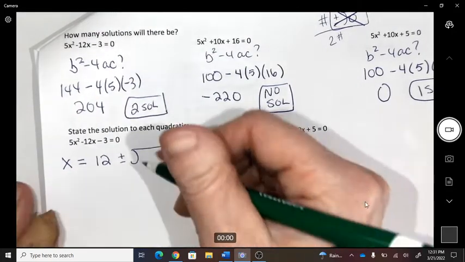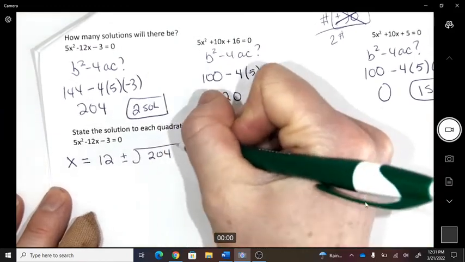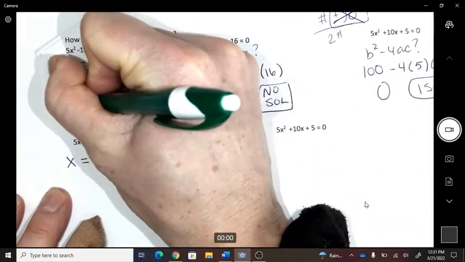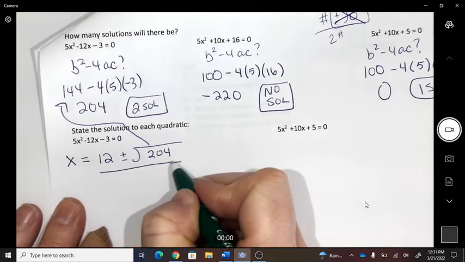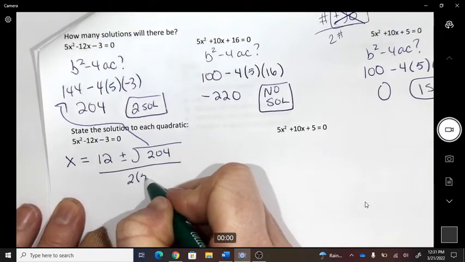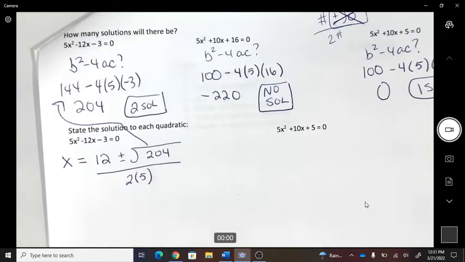Are you okay if I plug in the 204 there? We already did all that b squared minus 4ac. All of it gets divided by 2 times 5, 2a.